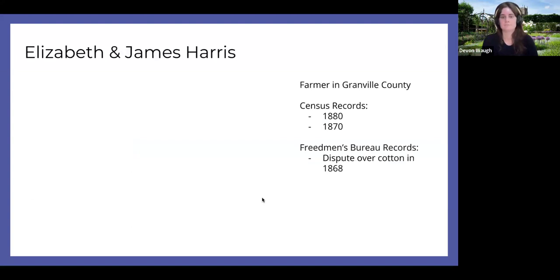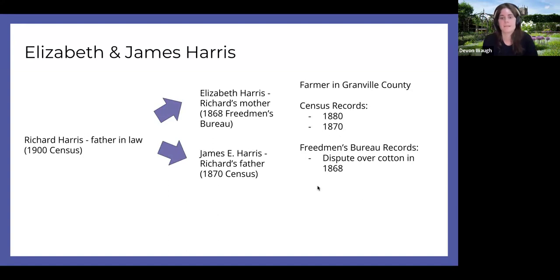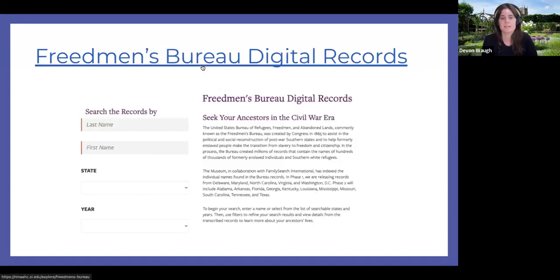And then I work back with his parents and found them listed in 1880, and in the 1870 census. And then in the Freedmen's Bureau records, I find his mother is listed in a dispute over cotton. And this is a search, as I mentioned, powered by the African American History Museum in DC.